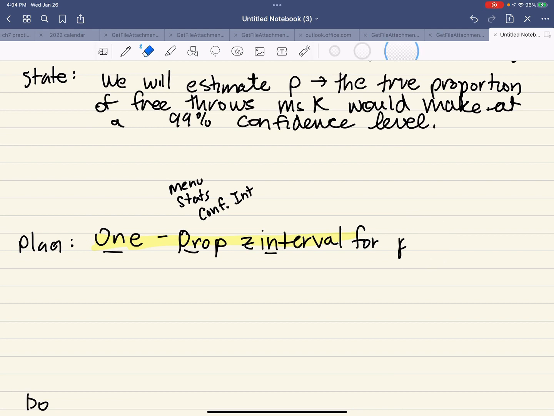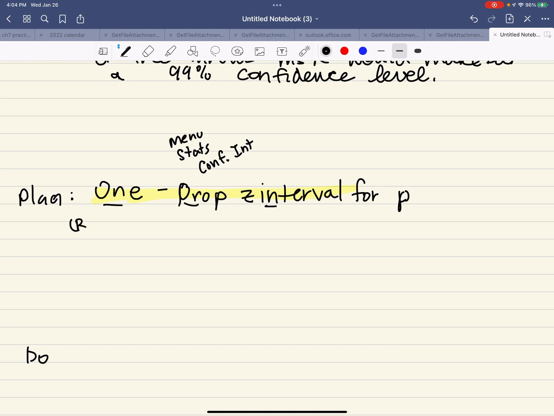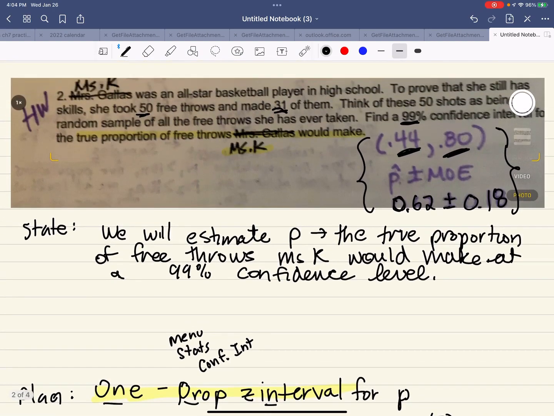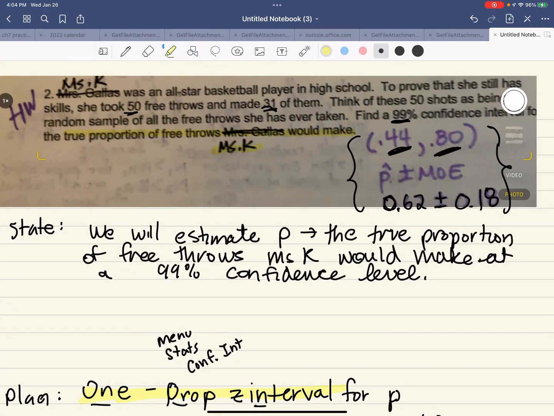Nice. So what's next? We want to do R, N, and I. We clarified today in class that R stands for random, N stands for normal. Can we use normal approximation to get this information? And I is independent. So let's look in the problem if we can identify something that's random.